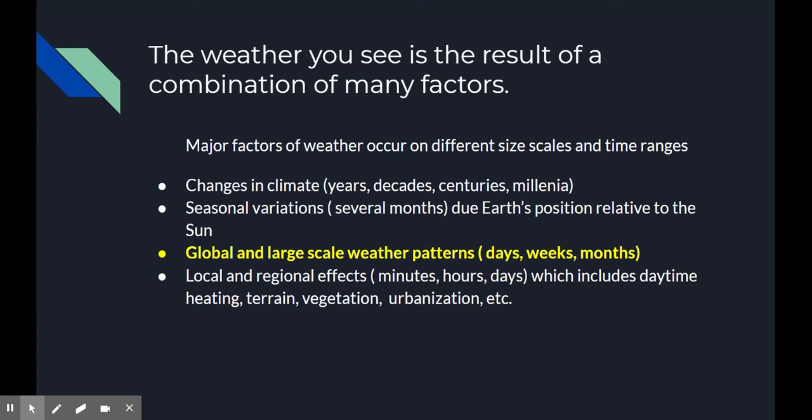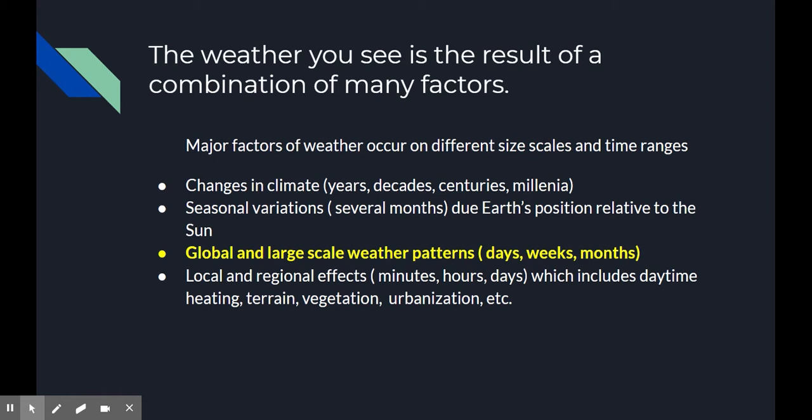The weather you see is the result of a combination of many factors, and these factors occur on different size scales and time ranges. They include changes in climate, which occur over years, decades, and centuries, and seasonal variations, which are due to the Earth's position relative to the sun. This includes winter, summer, spring, fall.